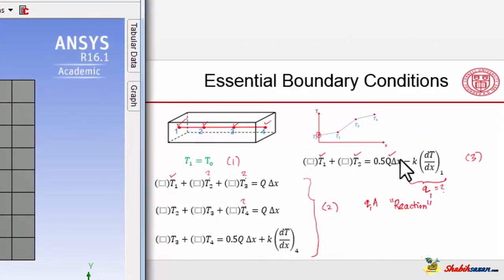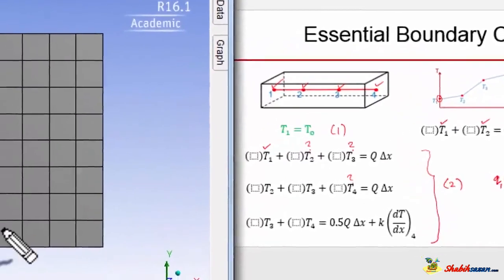And for that, I'll go back to a slide from the big ideas and pre-analysis, and let me annotate my Ansys model. The first step is to assign the temperature values for the nodes at which we have an essential boundary condition.